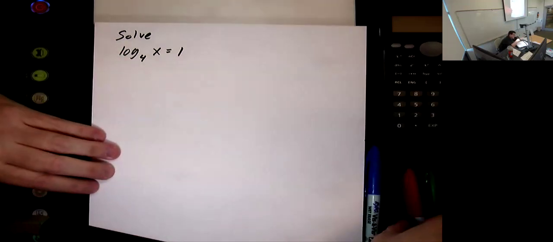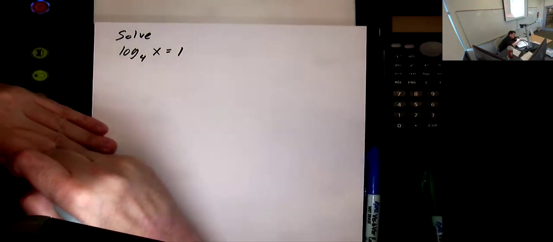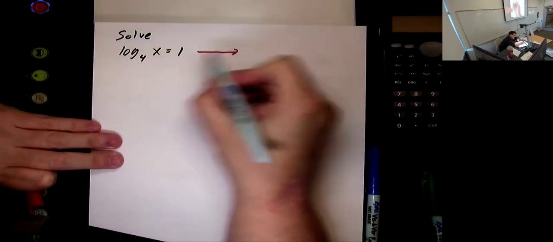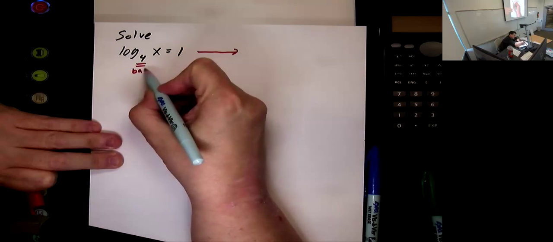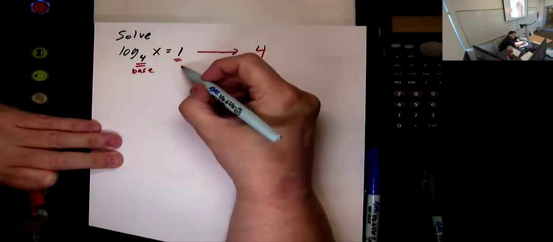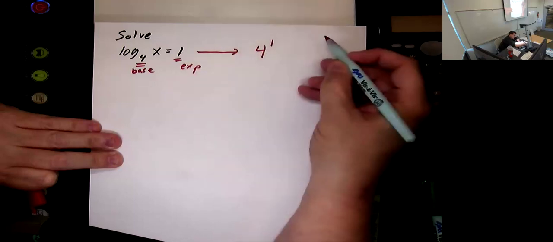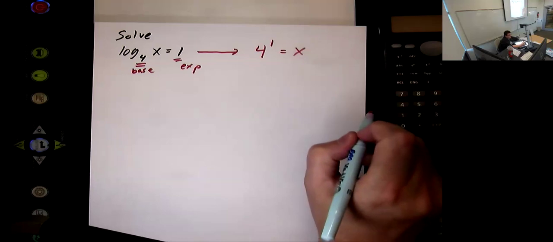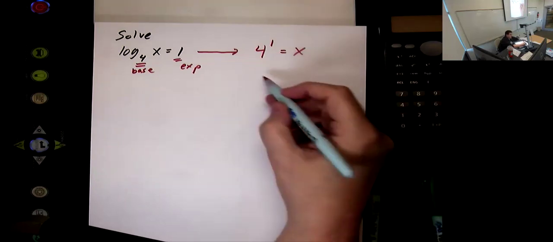The way to go about doing this is to remember what applies where. That's my base. The thing by itself is the exponent, and it equals the thing inside. So x equals 4.